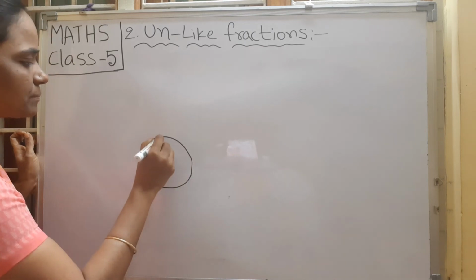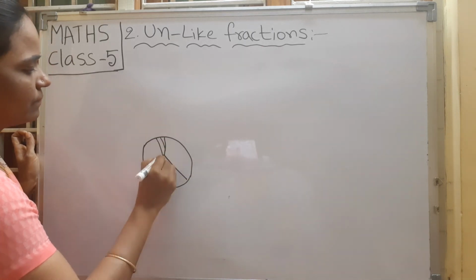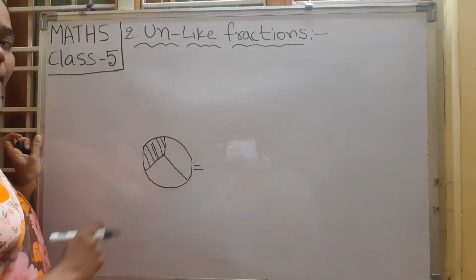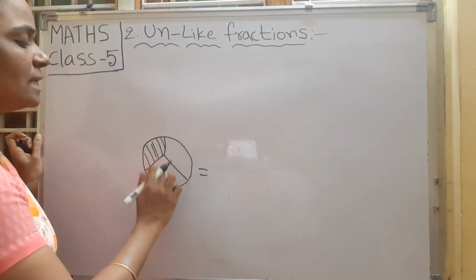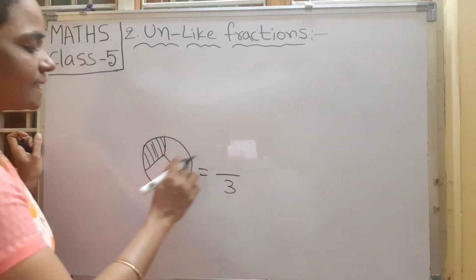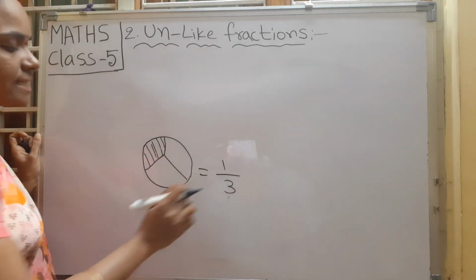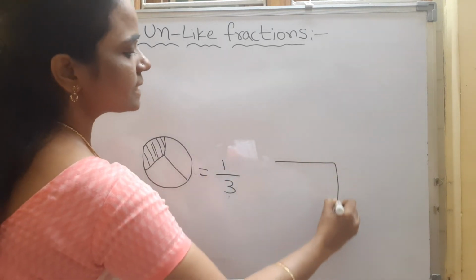Look at this shape, children. What is the fraction for the colored part for the given shape? Total 3 equal parts are there. Out of 3, how many are colored? 1. 1 by 3 is the fraction for the given shape. Next, take another example.